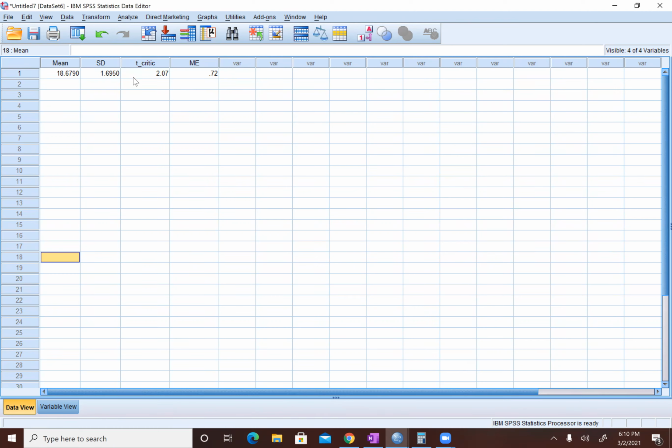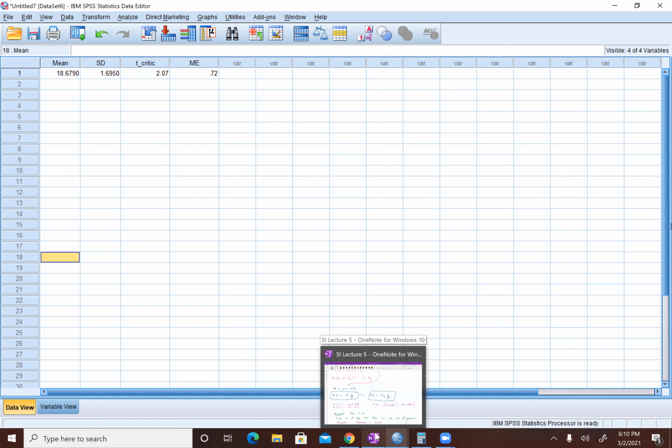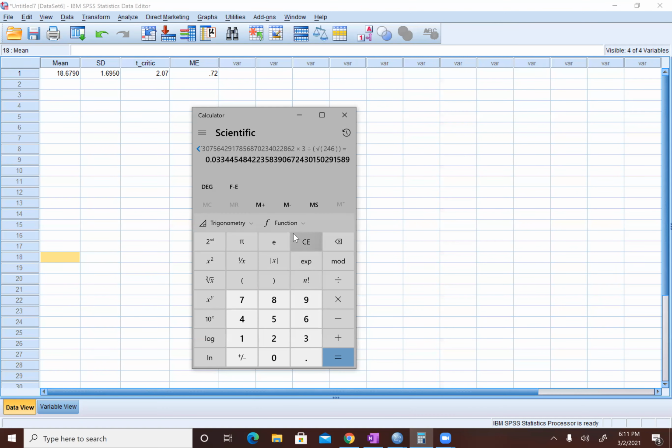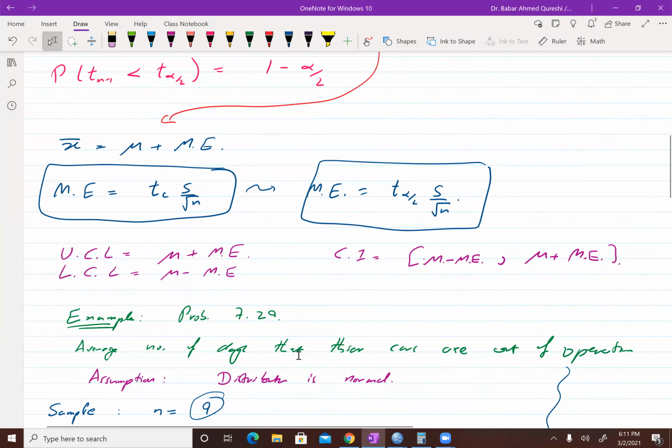So that's this example. Well, let me complete it. 18.679, let's keep it to 2 decimal, 18.68 plus 0.72 is 19.4.